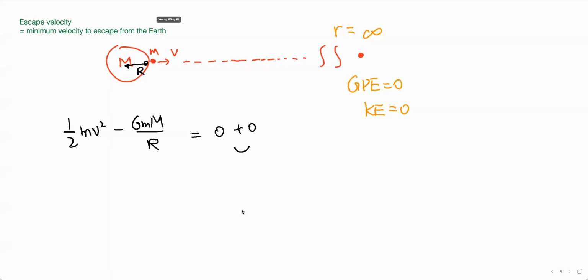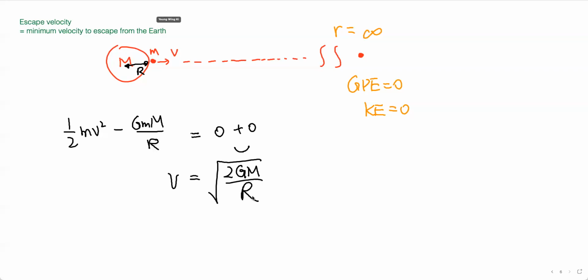So now you make v the subject of the equation. This is the formula for the escape velocity from any object, from Earth, from Moon, from Mars, from the Sun.